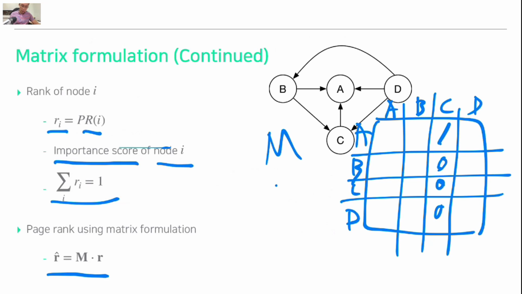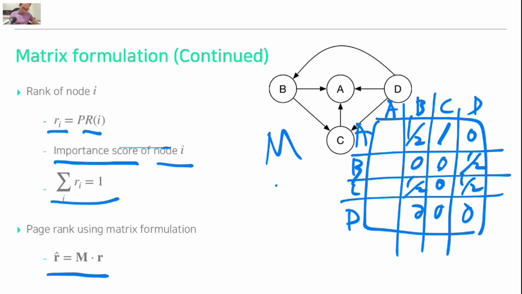D has outgoing links toward B and C, right? B has A and C. What about A?